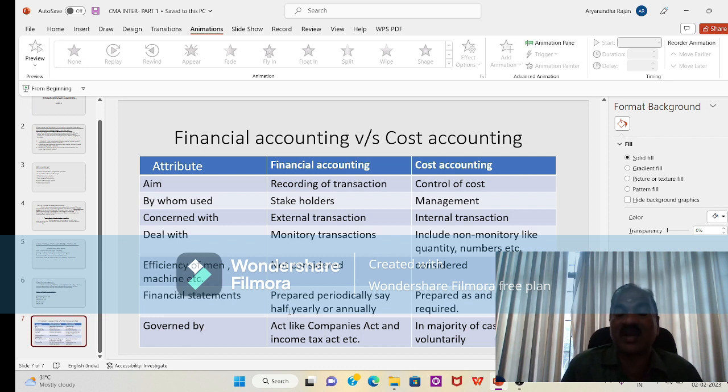External transactions are not recorded in cost accounting records. Mainly internal transactions are recorded. Then the next attribute is dealing with monetary transactions. In financial accounting, monetary transactions alone are recorded.